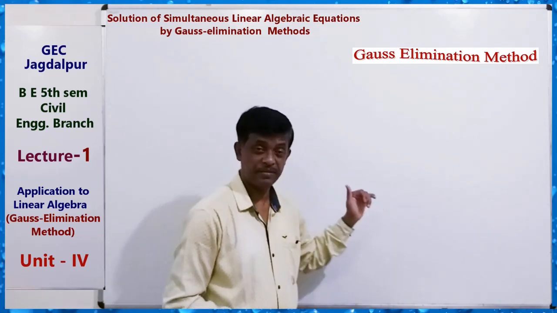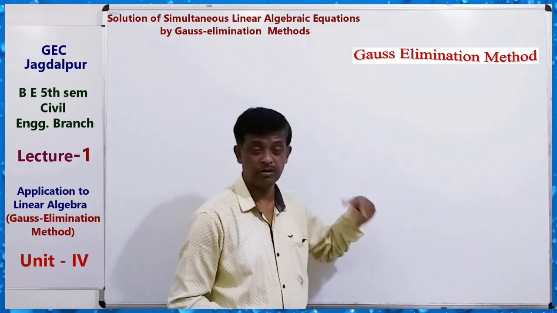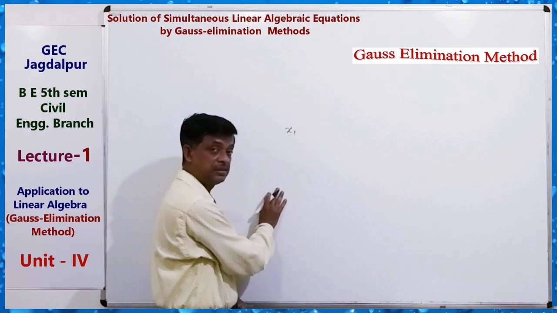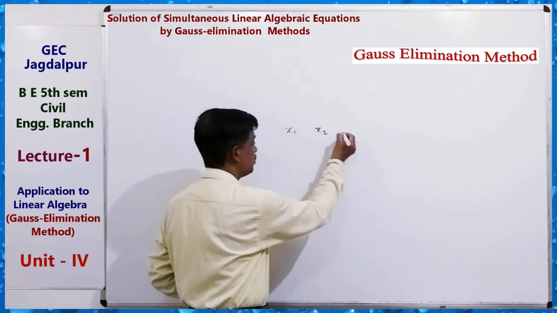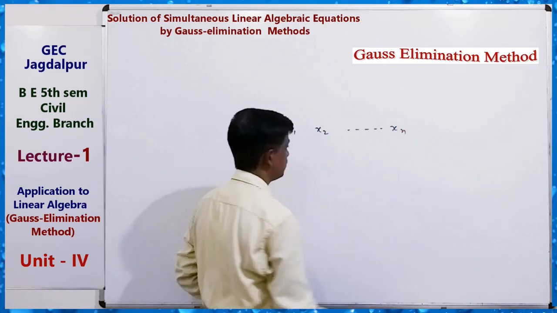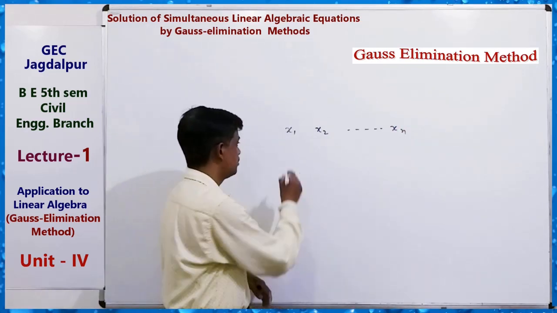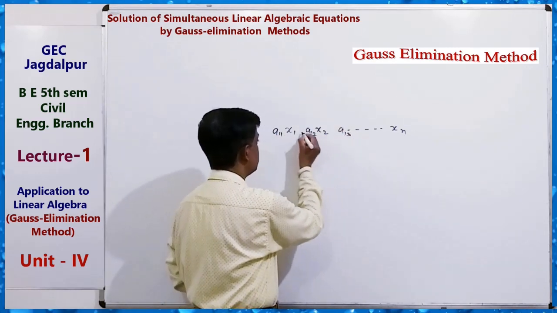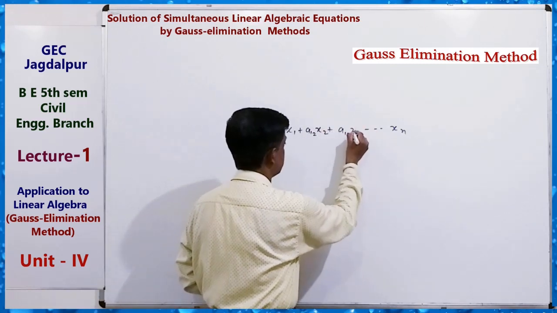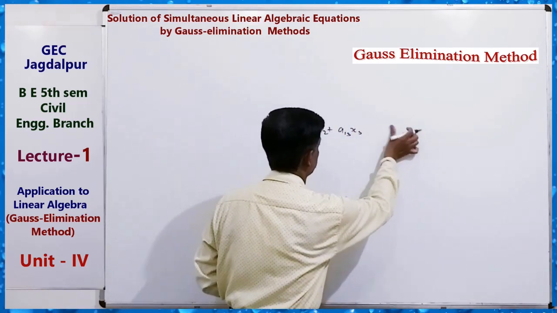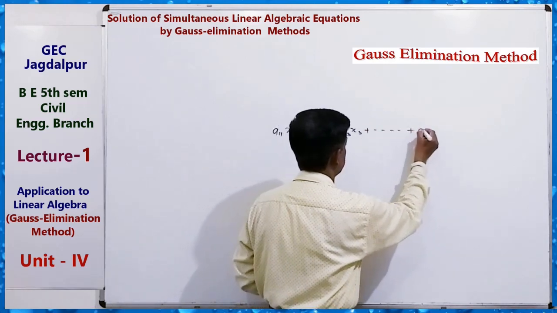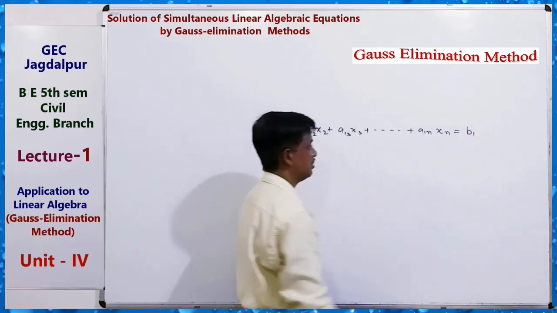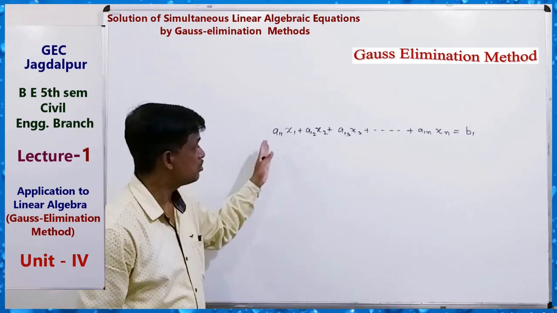The number of equations is equal to the number of unknowns. Suppose we have variables x1, x2 up to xn. The first equation is a11 x1 plus a12 x2 plus a13 x3 and so on up to a1n xn equals b1.